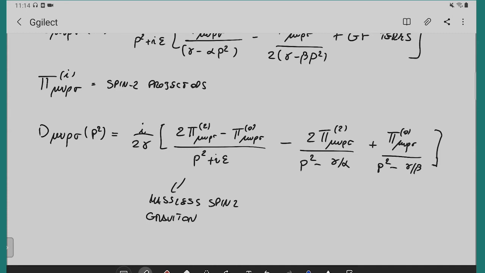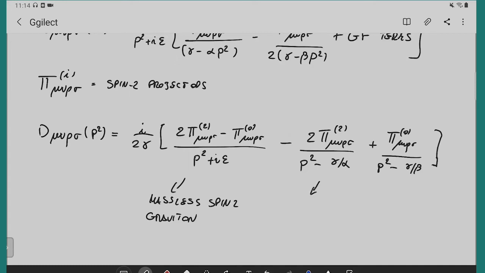Exactly as in Einstein theory. So Einstein theory around flat spacetime has propagator without this term. So this is the same. So you can already recognize that this theory will contain a graviton, as it should, but it will contain also these other degrees of freedom.